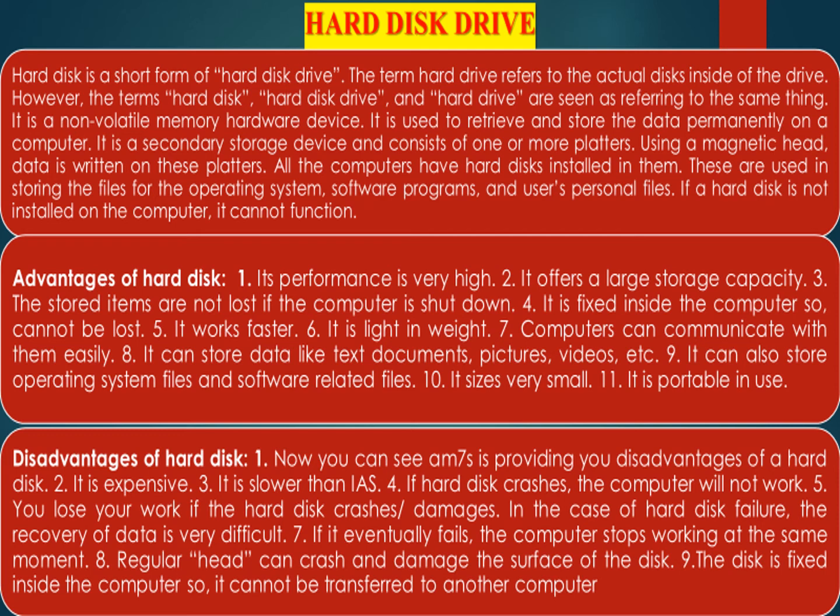It is a non-volatile memory hardware device. It is used to store data permanently on a computer. It is a secondary storage device and consists of one or more platters using a magnetic head. Data is written on these platters.